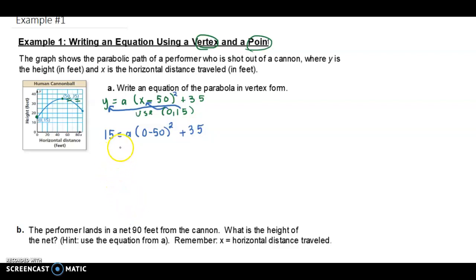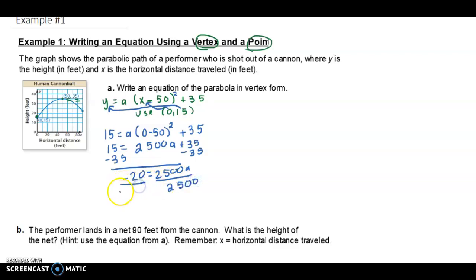Alright, so if I go a step further, 15 equals a times negative 50 squared, which is negative 50 times negative 50, which is positive 2,500. Okay, now it's just simple algebra. So negative 20 equals 2,500a. And guys, a lot of times, not always, but a lot of times these a's are going to be super tiny.